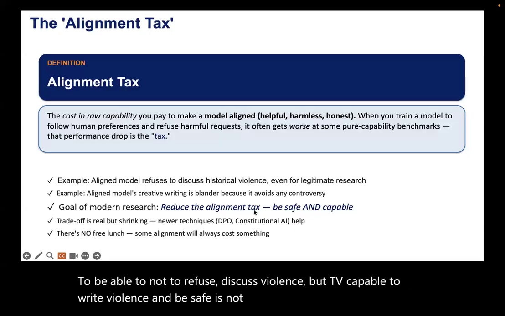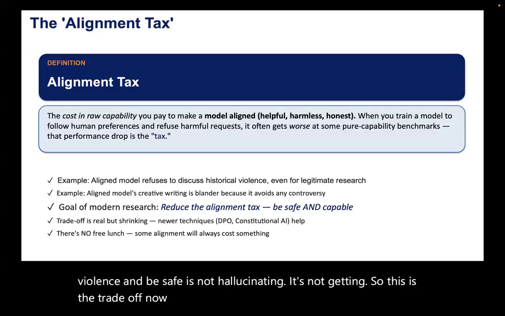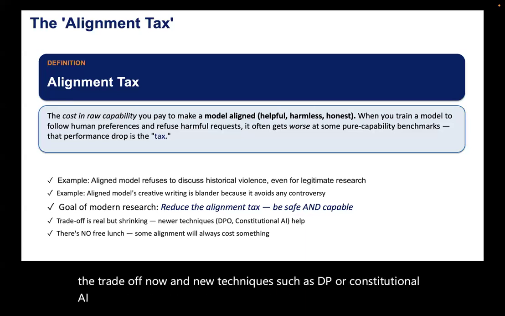So this is the trade-off now. New techniques such as DPO and constitutional AI are helping. This is what we call alignment tax.